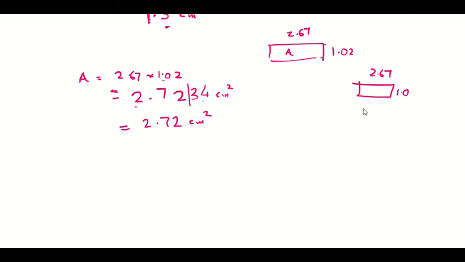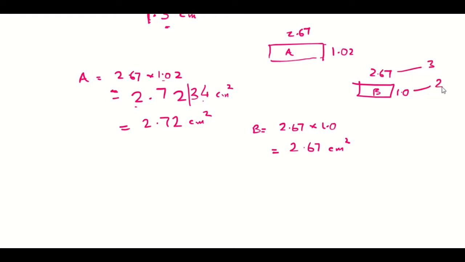Now let's look at this one, call this B. So the area of B is 2.67 times 1.0, which is 2.67. These are centimeters and centimeters, so centimeters square. Now this measurement is accurate to 3 figures.